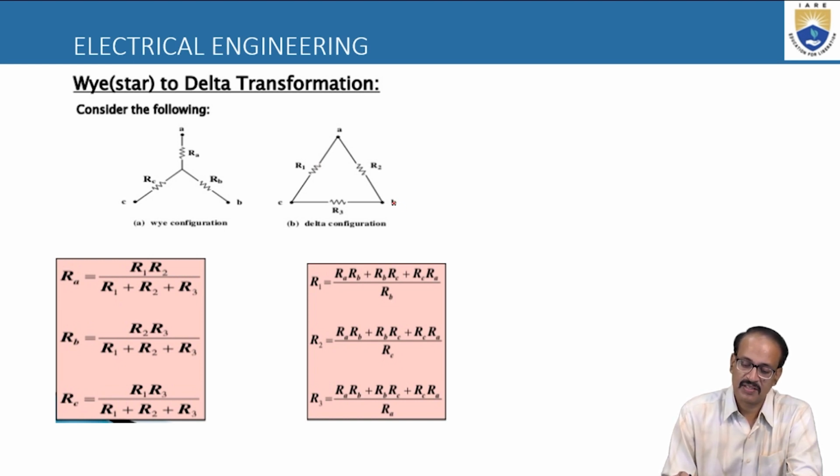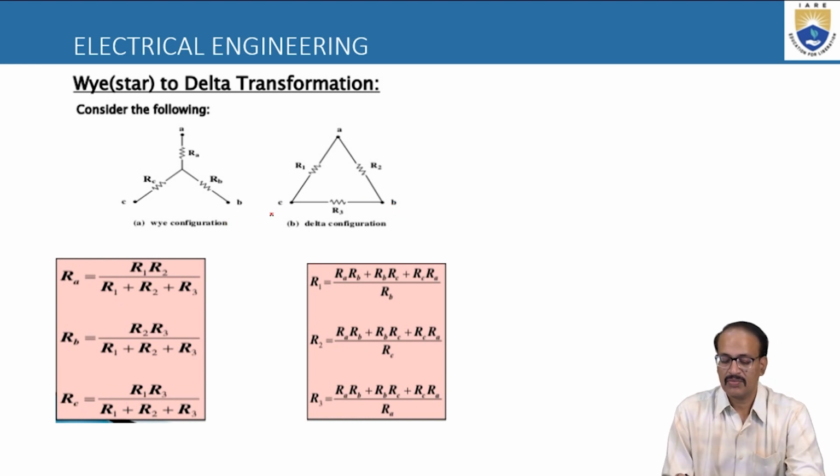If you observe this figure, R1 is exactly opposite to the point B. So I will write R1 as the numerator over, for the denominator, I see that R1 is opposite to the point B.